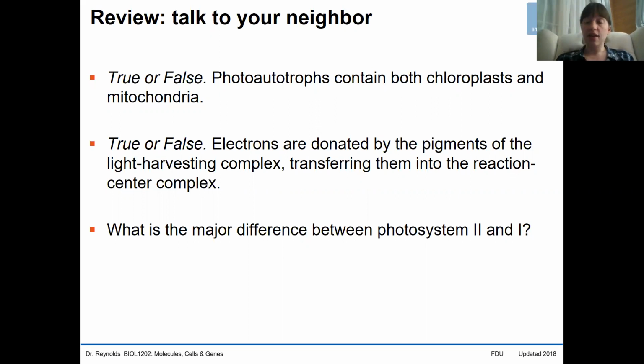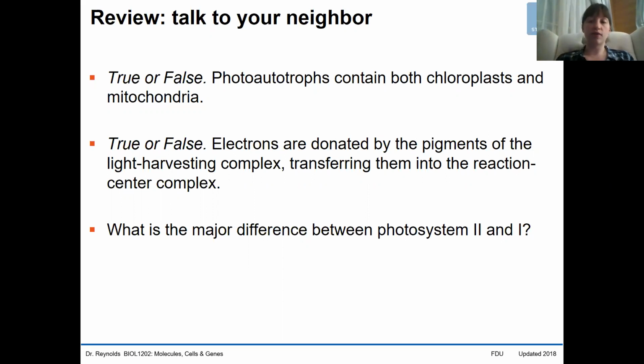And B, the electrons are actually going to be donated from water when it's split by chlorophylls, which are the strong oxidizing agents. And what's the major difference between photosystem 2 and 1? Well, photosystem 2 comes first.